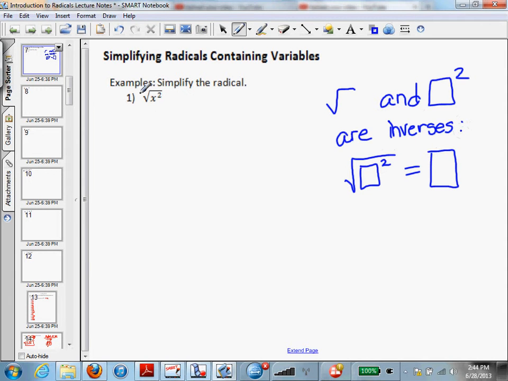So that's what's happening here. The square root that we see and the 2 inside the radical as the exponent cancel each other out, just leaving you with the x.